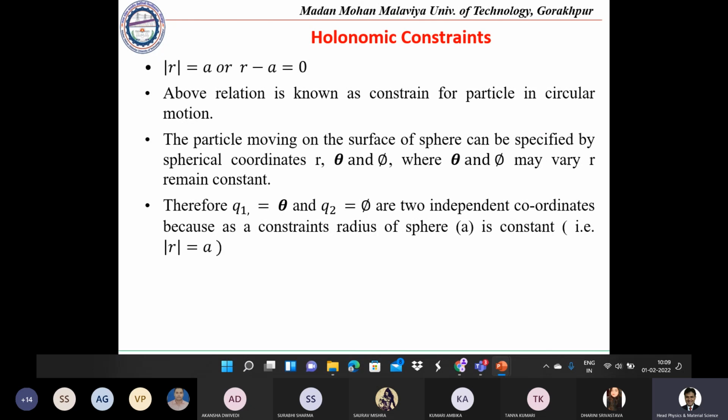That is, this mod of r is equal to a. This r is the position vector. Means that if the particle is lying at the surface, then obviously that has to be measured from a particular point. No? So if we are taking the center as the origin, then obviously the position of the particle at the surface is lying. That gives the idea about the radius vector.